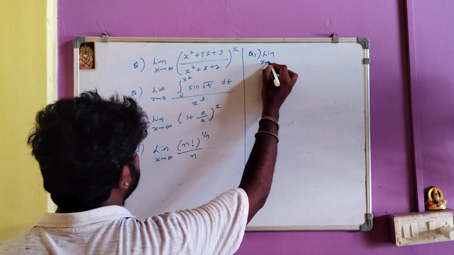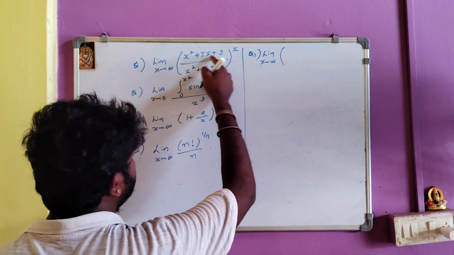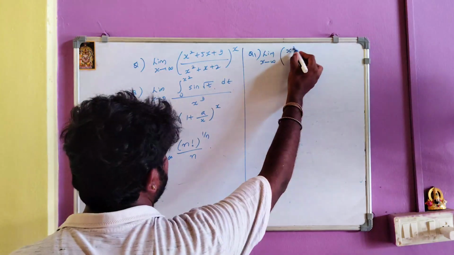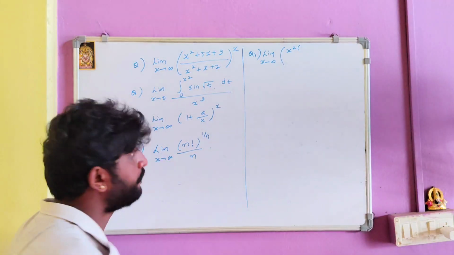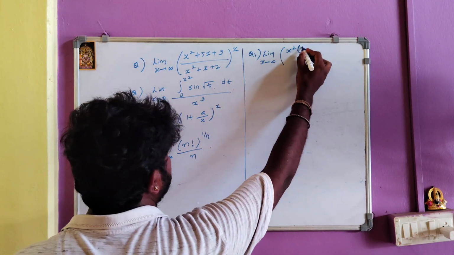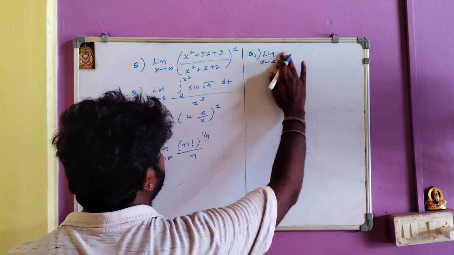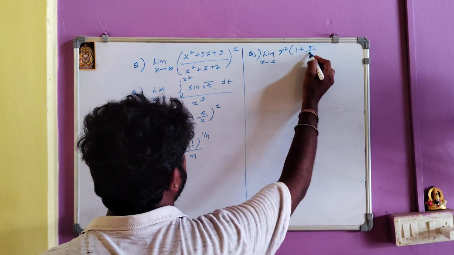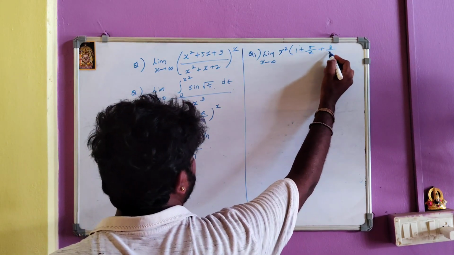just simplify, take the numerator's highest degree, take common x square. We get here 1 plus pi by x plus 3 by x square.